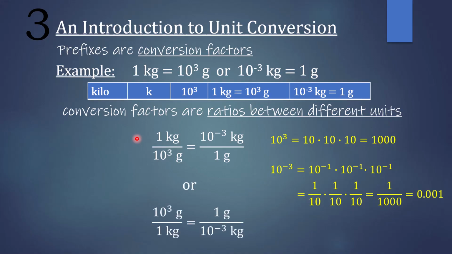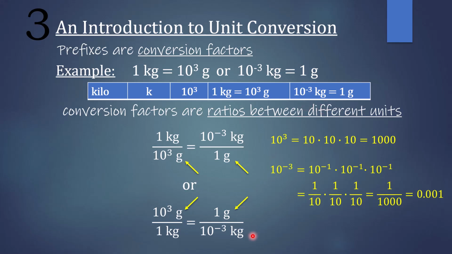Now, when I wrote these, I put kilograms in the numerator and grams in the denominator. So you can see my grams are in the denominator. If I want, I could have put the grams in the numerator. There's no reason why I couldn't have done that, but I have to be consistent. So I could say that there would be 10 to the third grams per 1 kilogram. That's what I've got written here, 10 to the third grams per 1 kilogram, or 1 gram to 10 to the minus 3 kilograms.